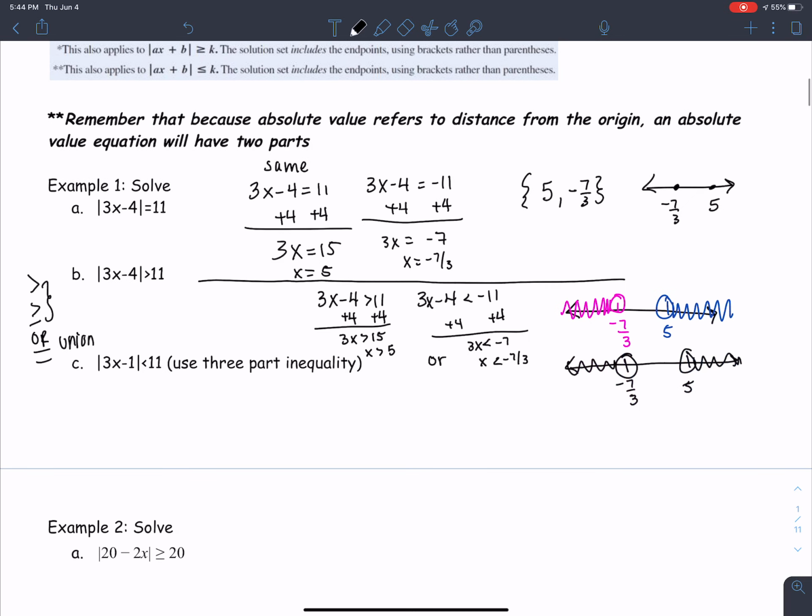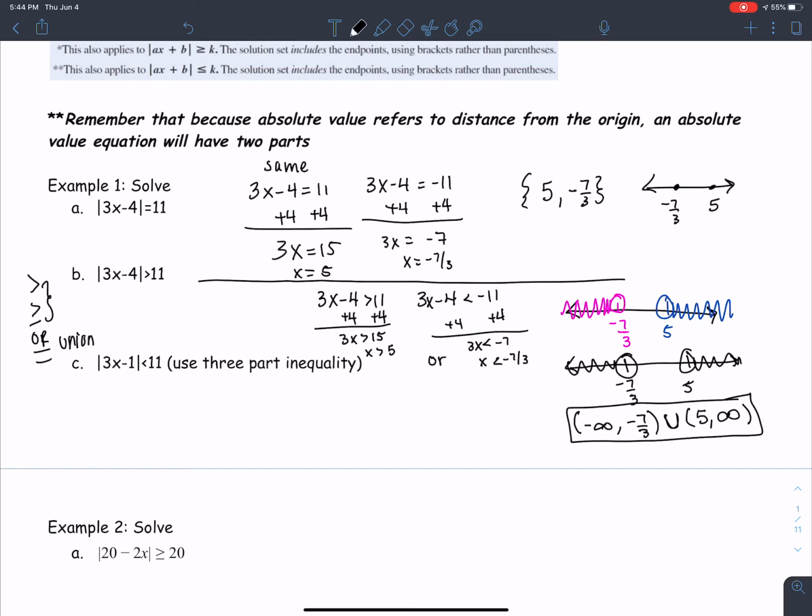So my interval notation is negative infinity to -7/3, parenthesis, union, parenthesis, 5, infinity. And this is my final answer.